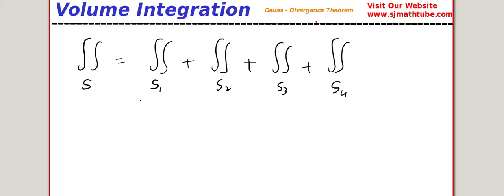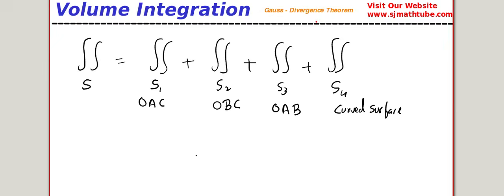So this means I am going to take O, the point on the x-axis, the point on the z-axis. Then my second one will be O, the point on the y-axis, the point on the z-axis. The third one will be O, the point on the x-axis, the point on the y-axis. And then the last one, the curved surface.